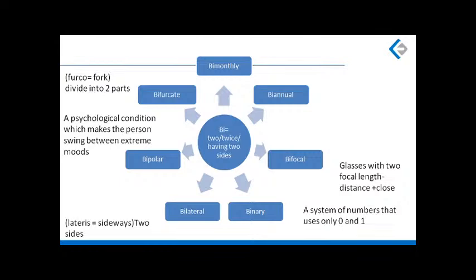You have the word biannual, which means something that happens twice a year, after every 6 months. There's a third word in this list. It is spelt B-I-E-N-N-I-A-L, biennial, which means something that happens every 2 years.